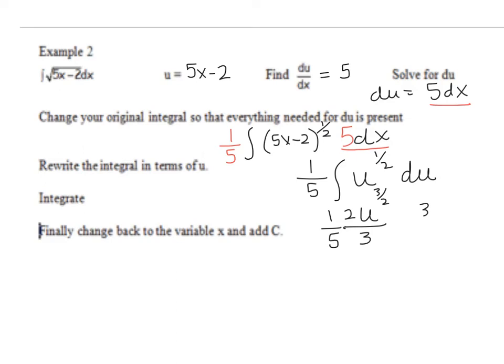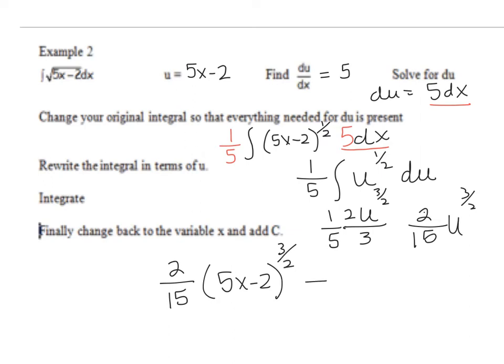So that's going to be 2/15 u to the 3/2. All right, then I'm going to change it back, so I've got 2/15. My u was 5x minus 2, to the 3/2 plus c.